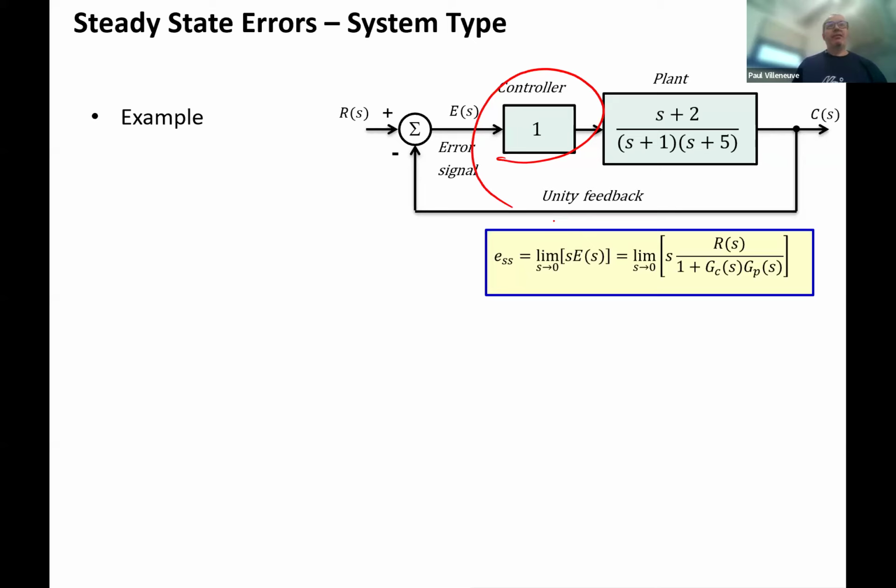I know it's been a week, so type 0 system, because the system type tells us the number of integrators or the number of S's in the denominator here. There's no S terms up front, right? Or if there is, it's 0. So this would be a type 0 system, correct?